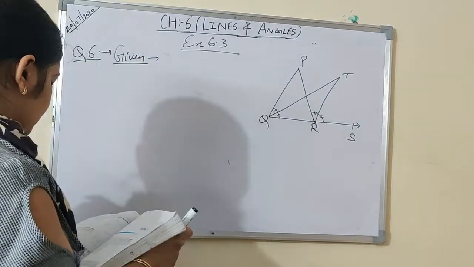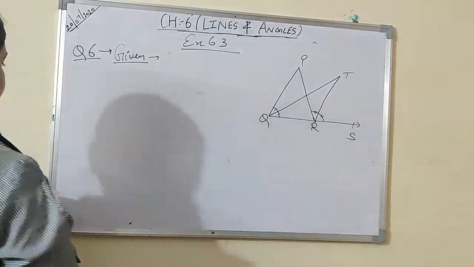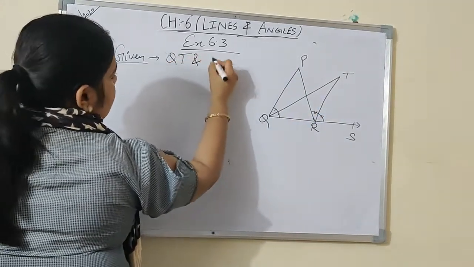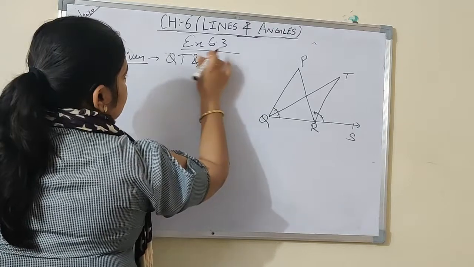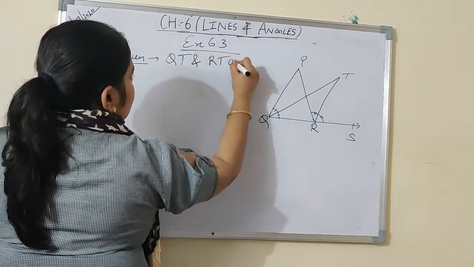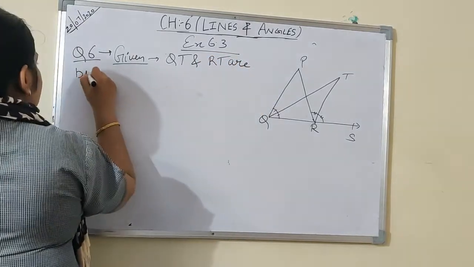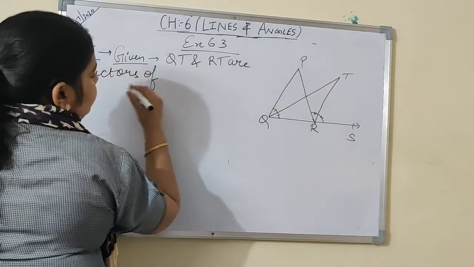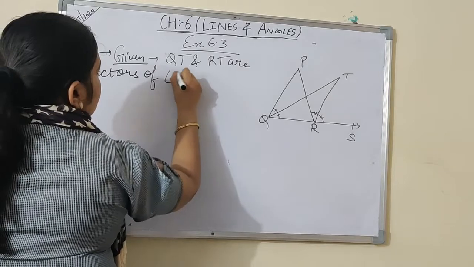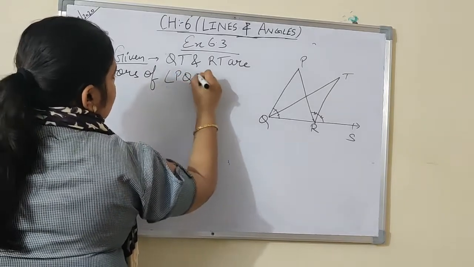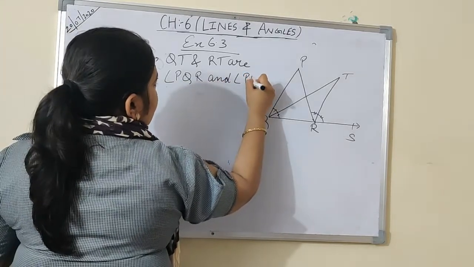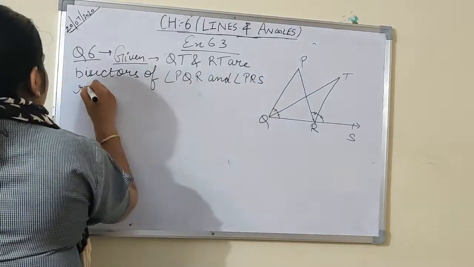So I am writing what is given first. Given is that QT and RT are bisectors of angle PQR and angle PRS respectively.